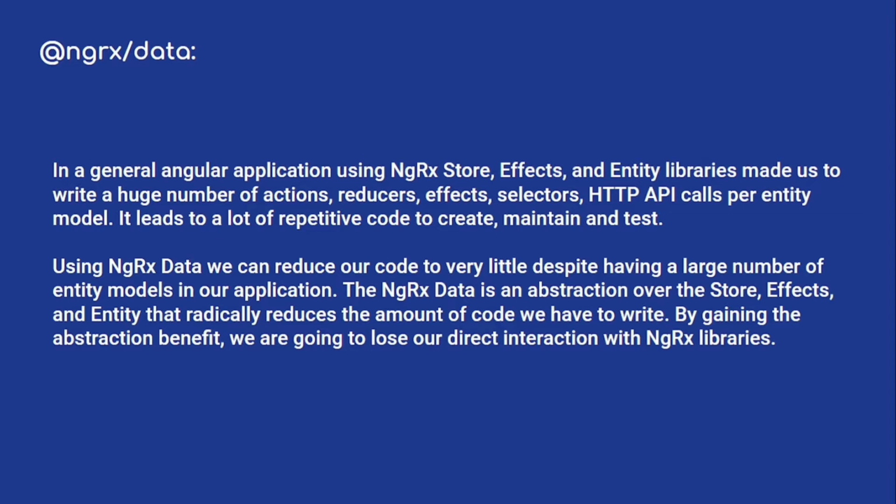NgRx Data is very good if your application involves a lot of CRUD operations. In that case, it will minimize your code a lot. And one more thing, we can use NgRx Data along with the NgRx Store. That means we can write our custom action methods like in NgRx Store, and use both in the same application.